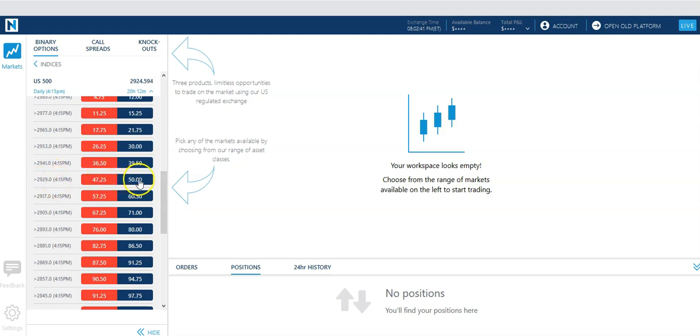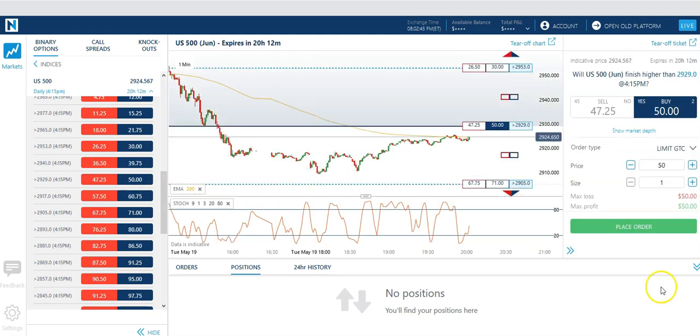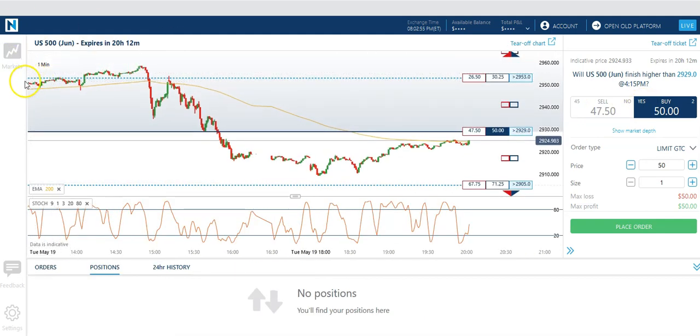So it's $50. If you know options, think of this as at the money options. Once I've selected one, I can just left click it and click the buy. I come over here and it'll collapse those numbers, which makes the chart bigger.